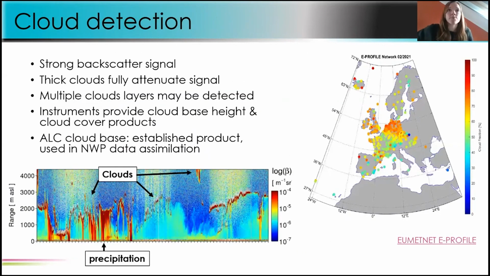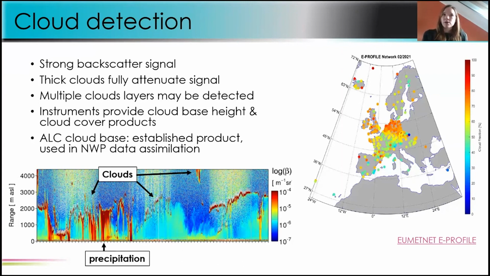The other product that we get from the ALC is the cloud-base height. Some of the ALCs are only recording the cloud-base height, but more and more instruments give also the attenuated backscatter profile. We have a very strong signal from the clouds, because they give a very strong attenuation of the laser beam.